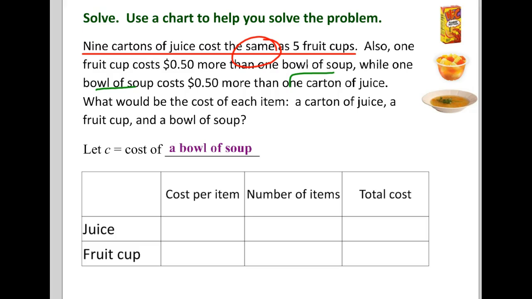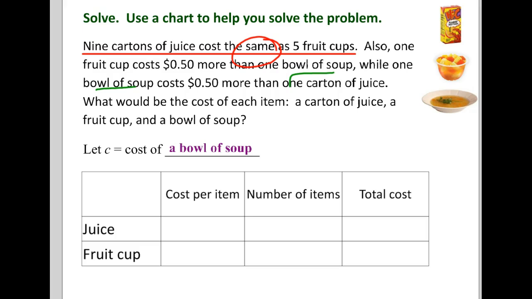Now I've got to go back and figure this out. Now it says 1 bowl of soup costs 50 cents more than 1 carton of juice. So that means I'm going to make carton of juice, 1 fruit cup costs 50 cents more than 1 bowl of soup.